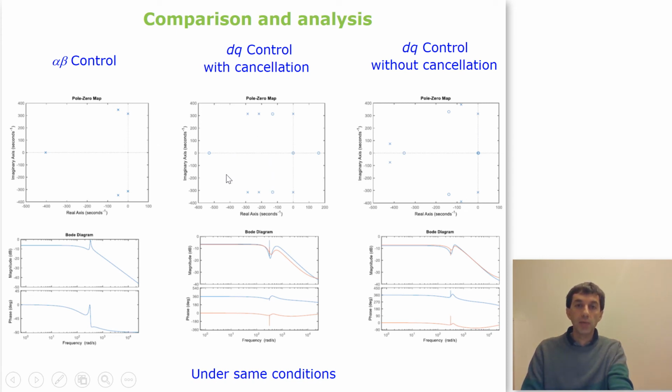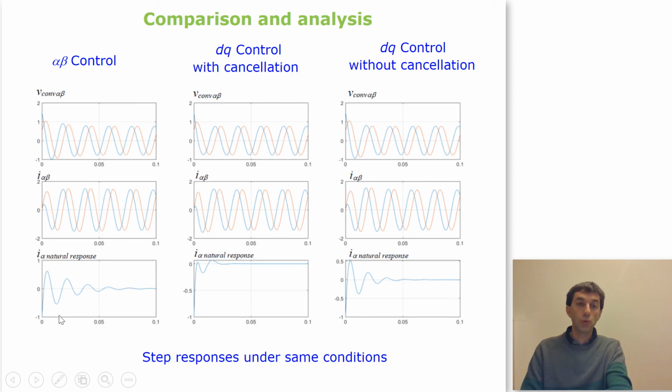And here we have the transient response poles, which are different in all the cases. And all these transient response poles are responsible, combined with the zeros, for these natural responses.